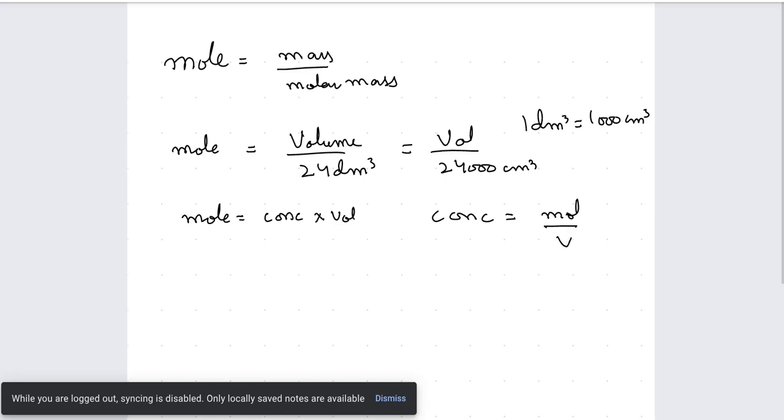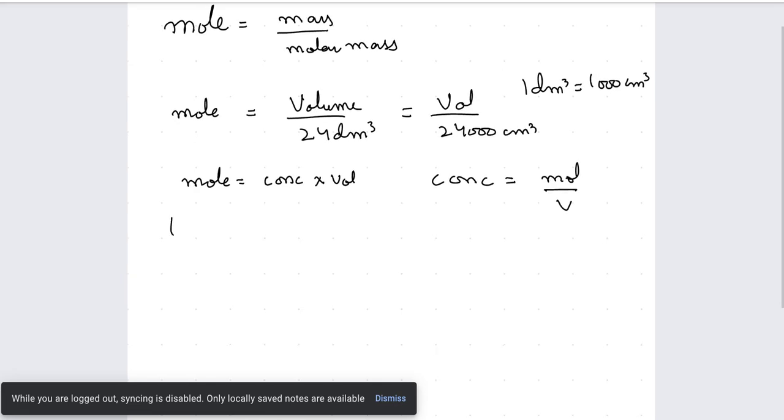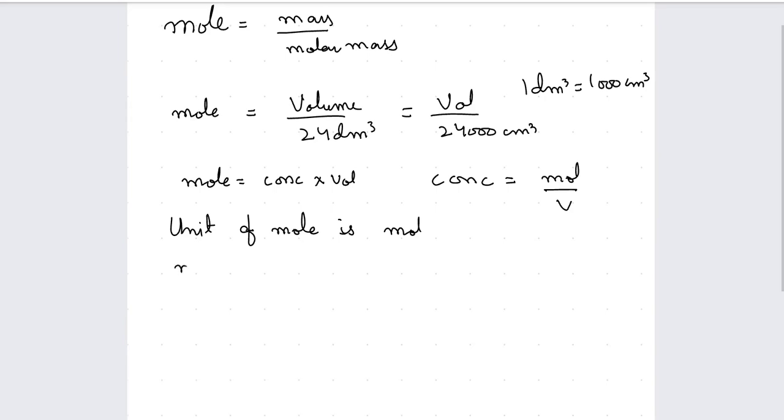As you know, the unit of mole is mol, without e. Now there is another formula: mole is equal to percentage of element divided by molar mass. These are the formulas basically.